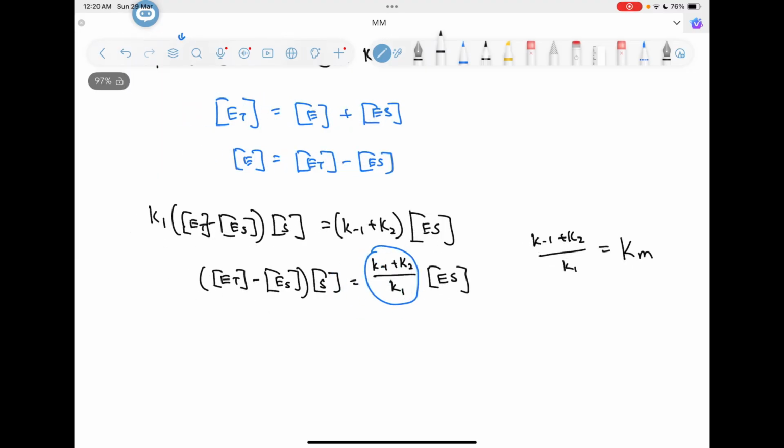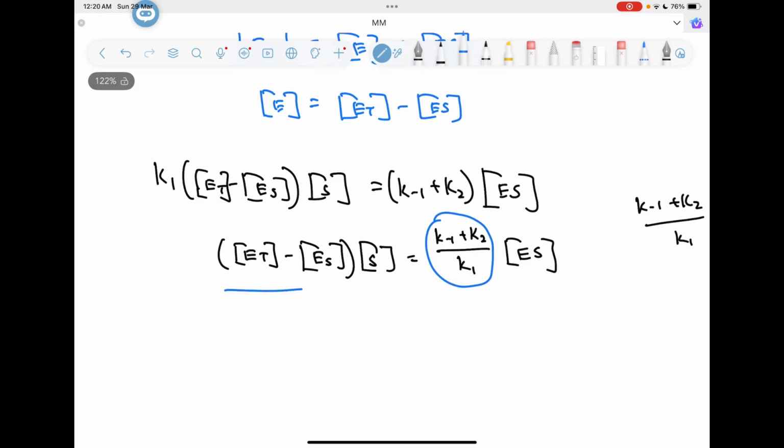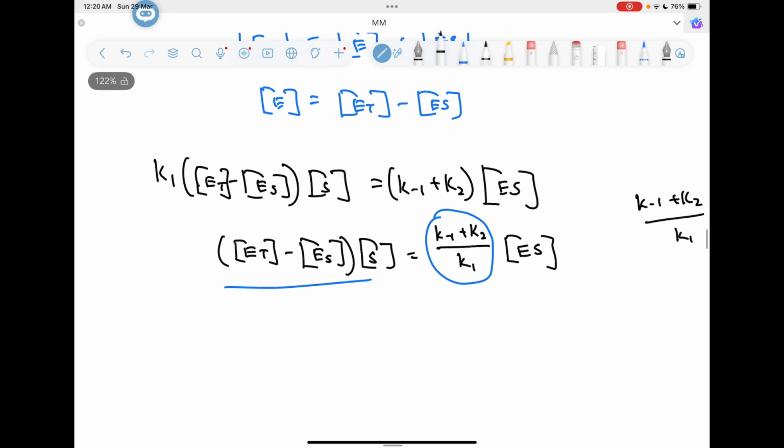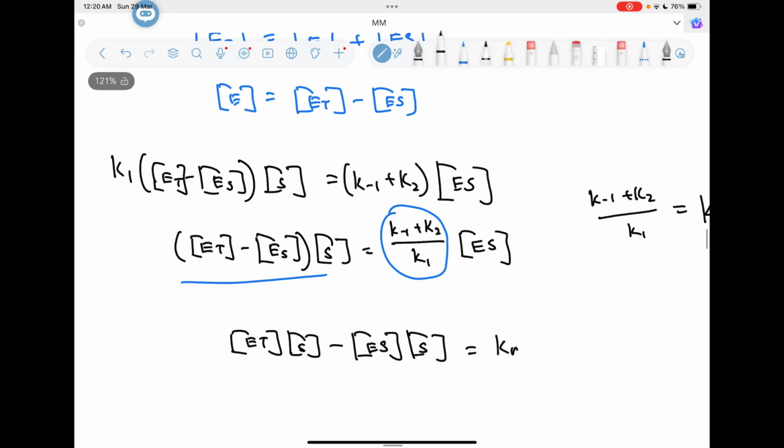So now that we have defined Km, let's sub it back in. So I will expand the term here while we're at it. So we have ET S minus ES S equals to Km ES.